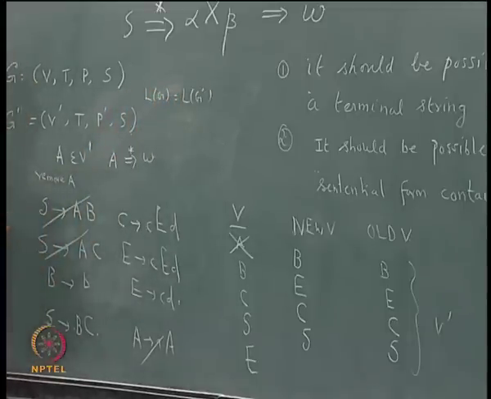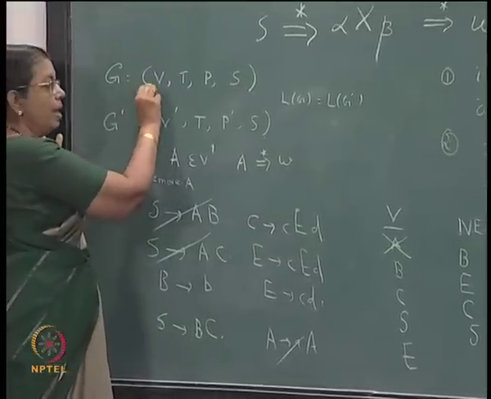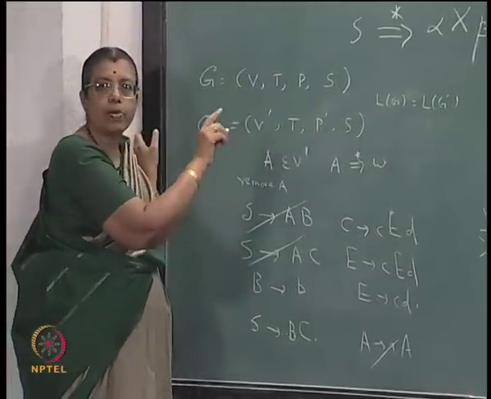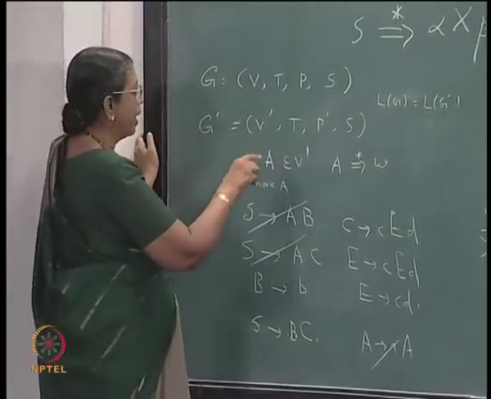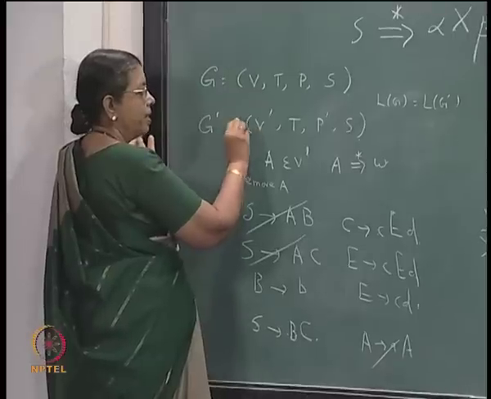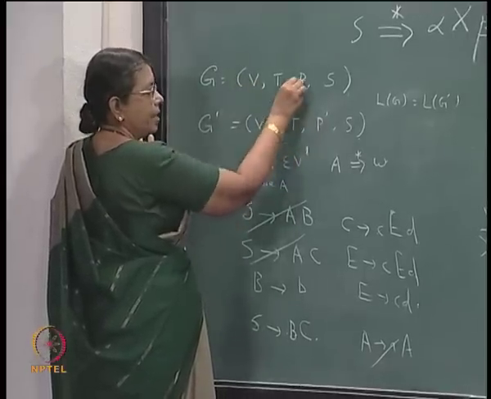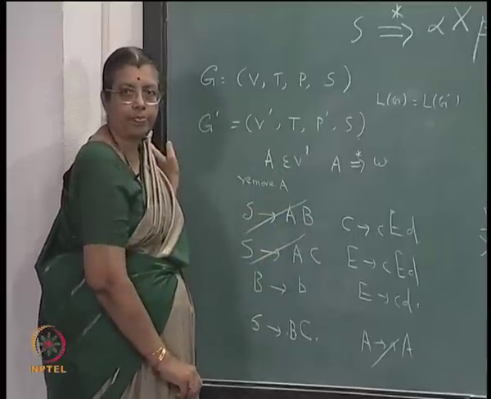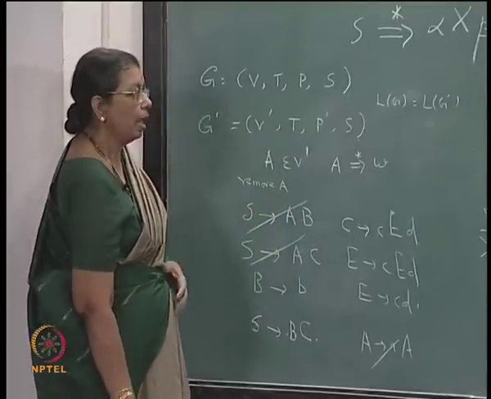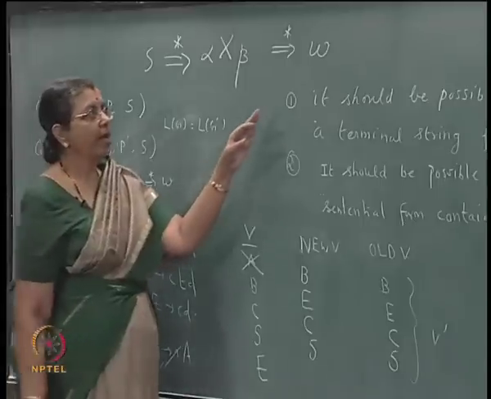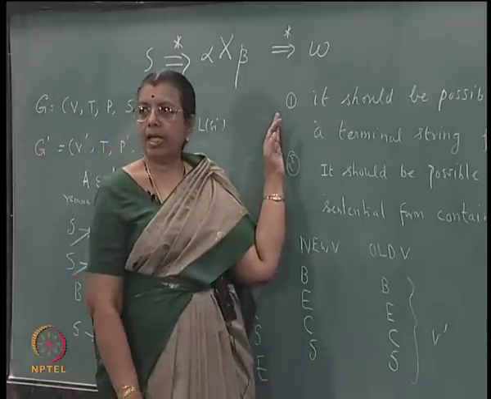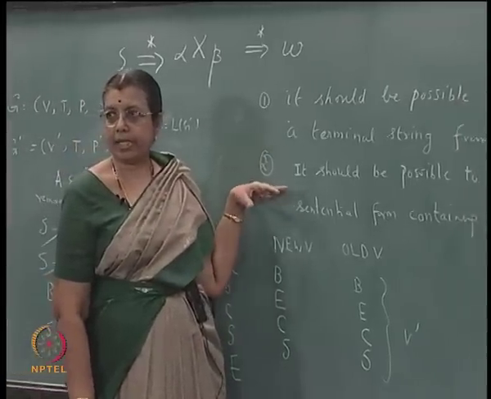So, from a grammar G, you are removing symbols which do not lead to terminal symbols and get a grammar G dash. Here you must note that V dash is a subset of V, P dash is a subset of P. So, we have taken care of the first condition. Let us see about the second condition.